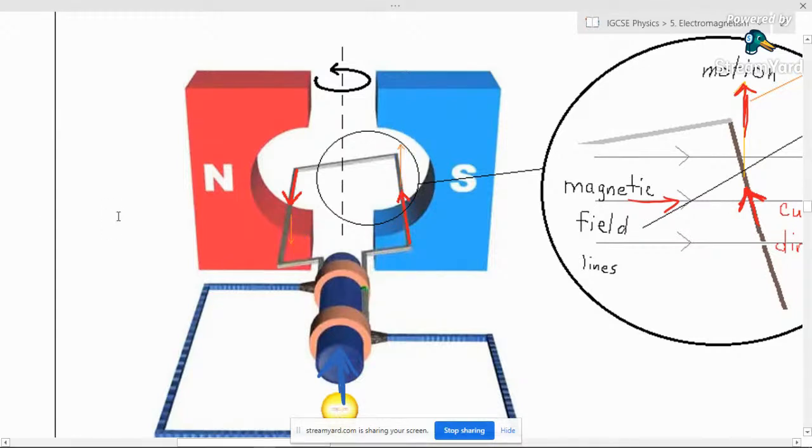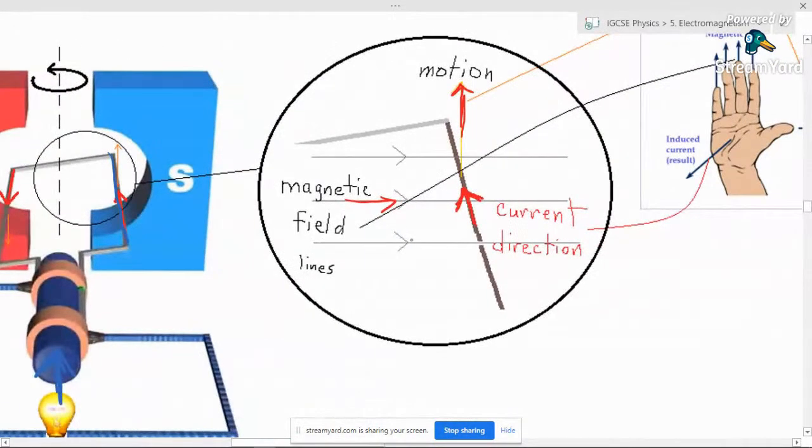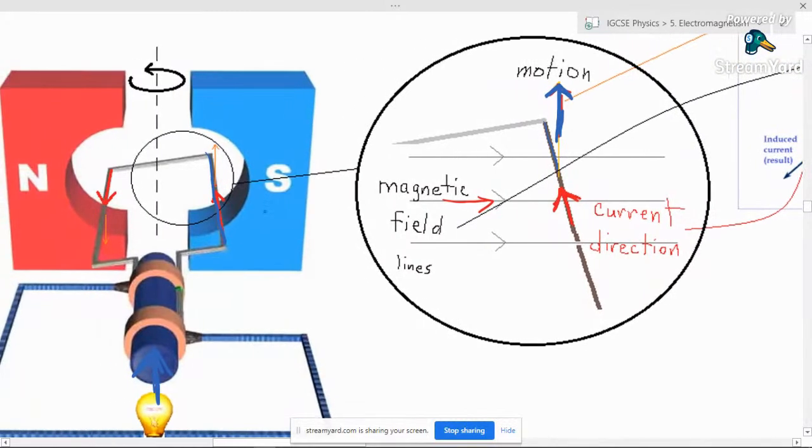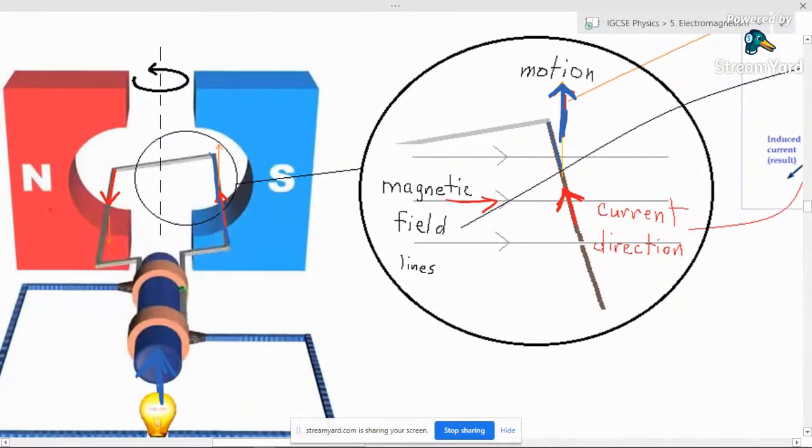Okay, so we're just going to zoom in on this part of the wire right now. So here's that same part of the wire right here. And just notice, remember, currently this side is moving up. That's what this arrow is representing. The motion is going up. You can see the magnetic field. We have north over here on the left, and we have the south over here on the right.